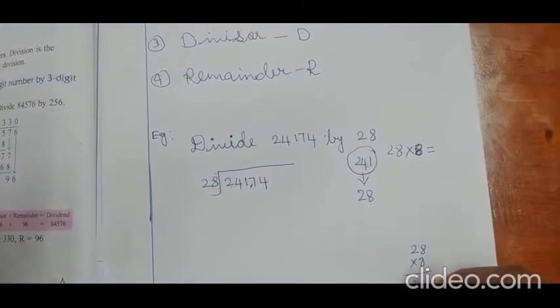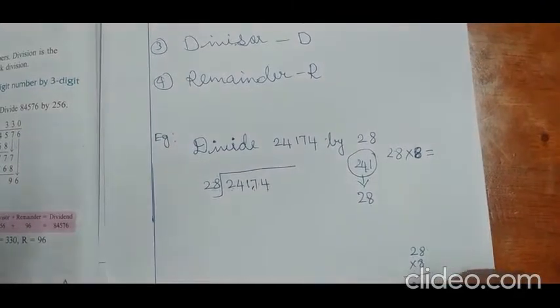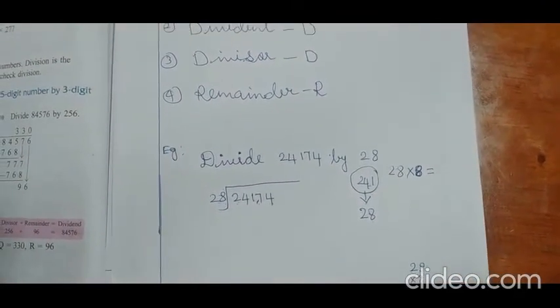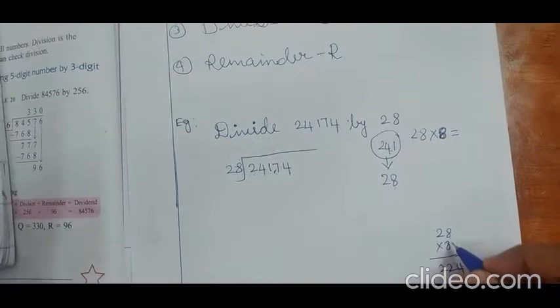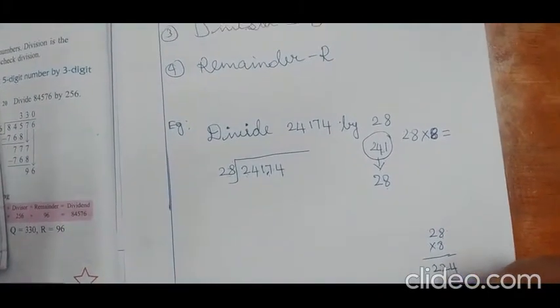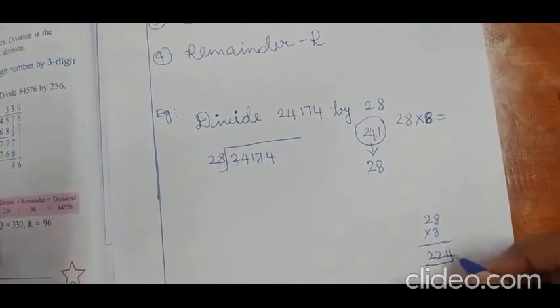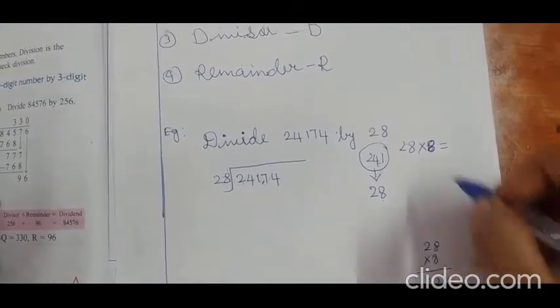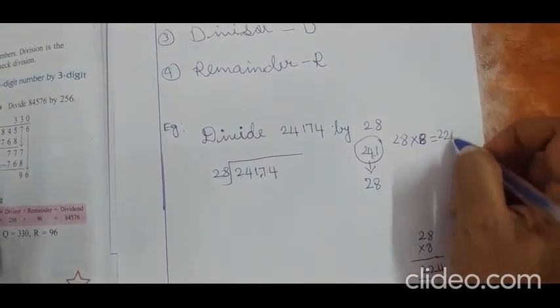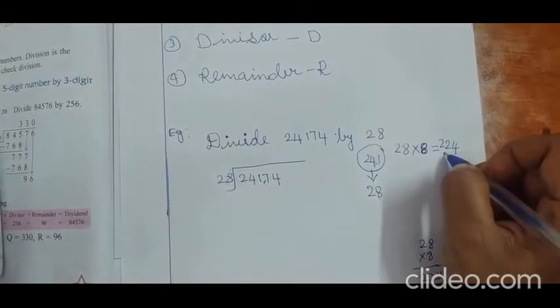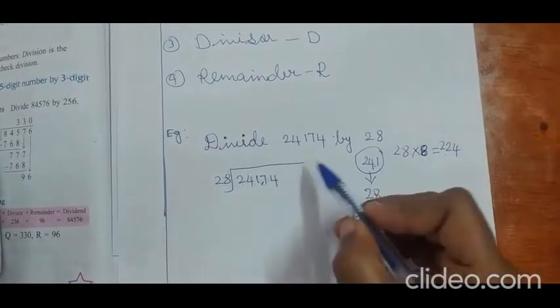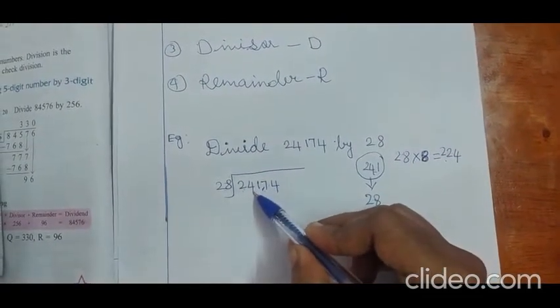We will get 224. If you multiply 28 into 8, it is 224. I am just showing you, you can multiply and check it also.